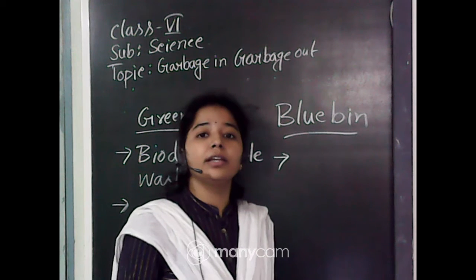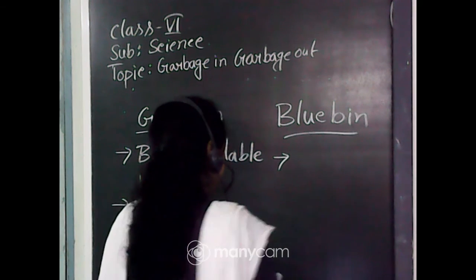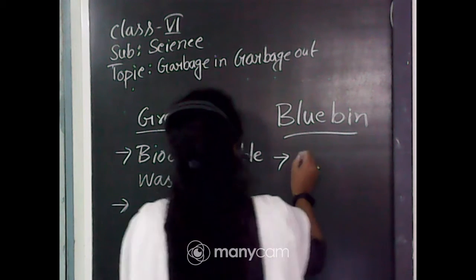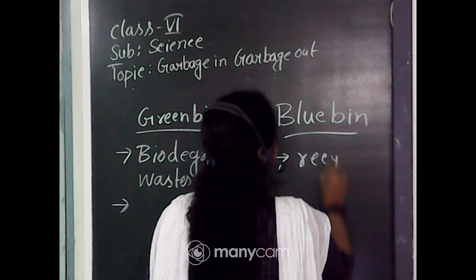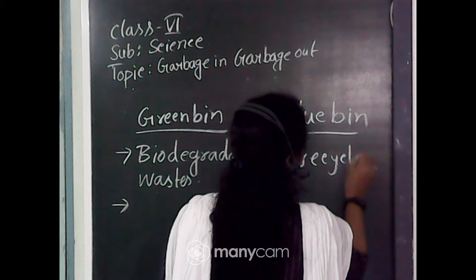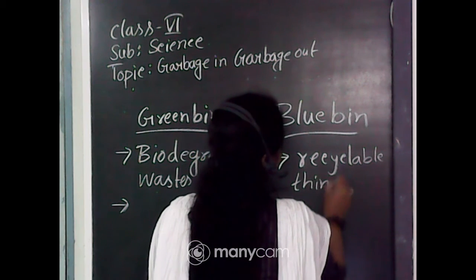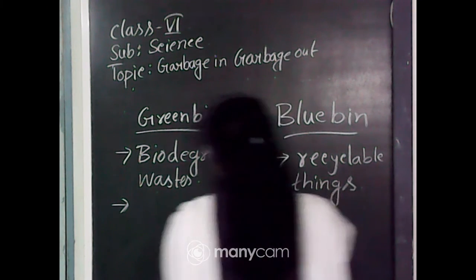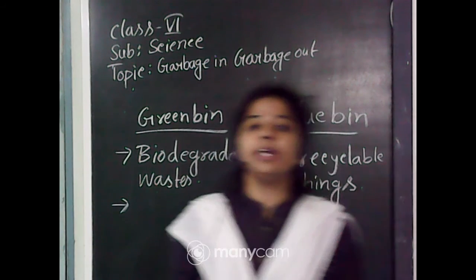Things that should be disposed of in the blue bin must be recyclable. So recyclable things are disposed of here. So that is the major difference between the blue bin and the green bin.